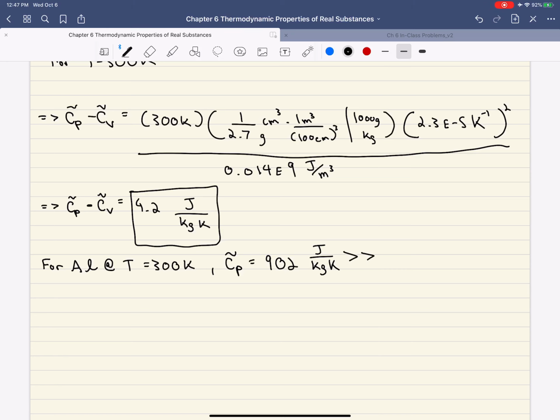So that's much larger than the 4.2 we got from Cp minus Cv. And so, for that reason, when dealing with aluminum or a lot of different solids, people feel okay and justified in just assuming that Cp is equal to Cv.